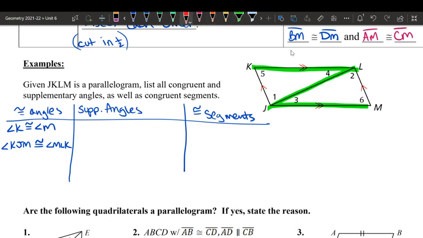So if you find the Z angles, like angle 4 and angle 3, they are alternate interior angles. They alternate the transversal and they're interior of the parallel lines.